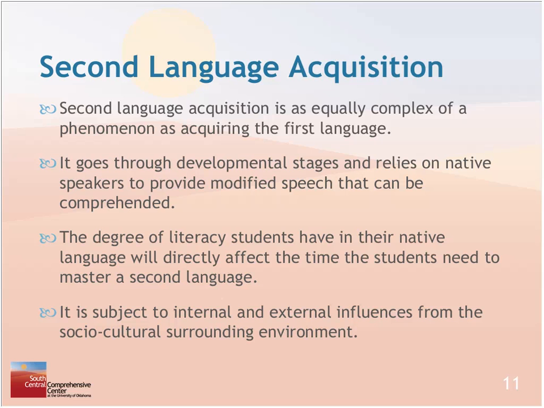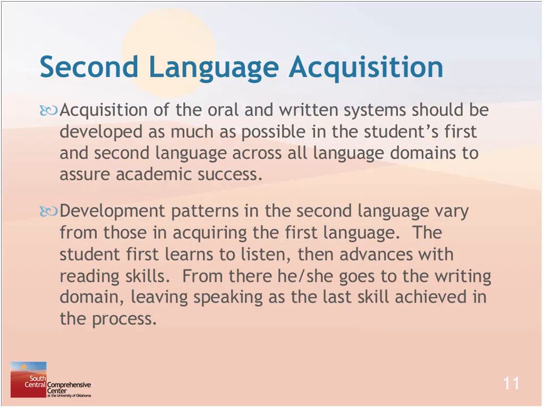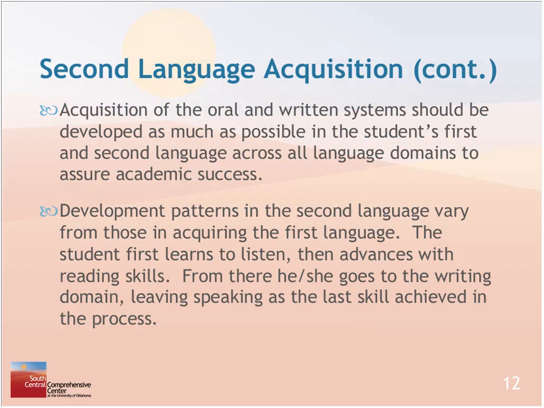So, however, there are other influences that impact the learning of a child. Okay, so whenever possible, it is important that the child develops a second language through the language domains, reading and writing.